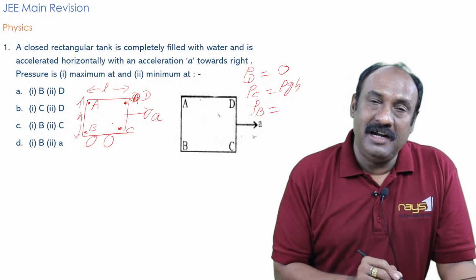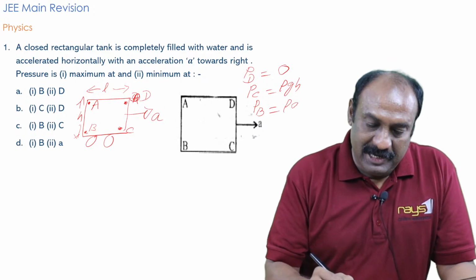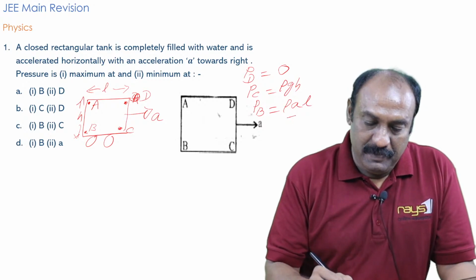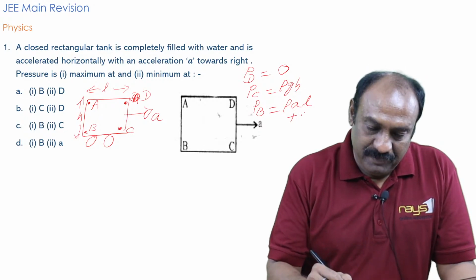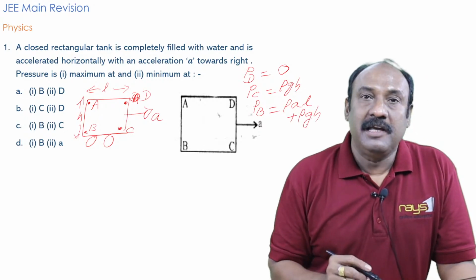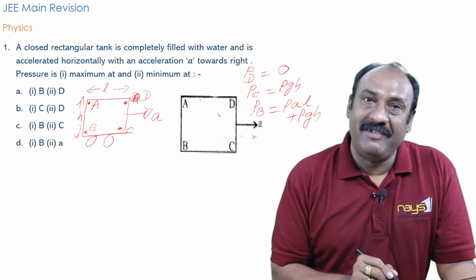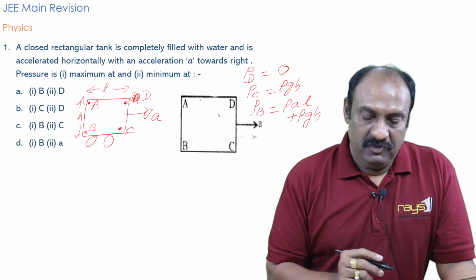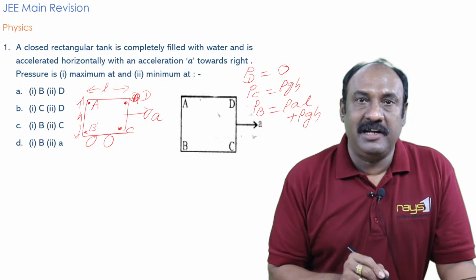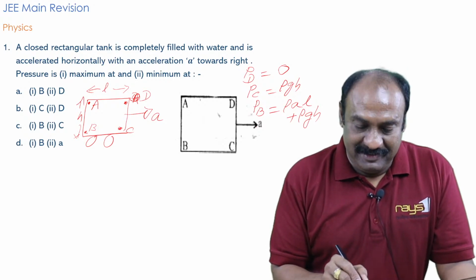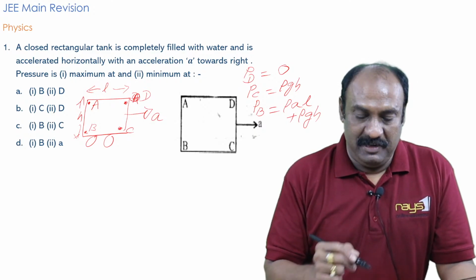Due to the horizontal layers, the pressure is rho times the horizontal acceleration a times L, plus the pressure due to the vertical column, rho g h. In the vertical direction acceleration is g, and in the horizontal direction the acceleration of the liquid layers is a. So the net pressure at point B, due to the horizontal movement of the container with constant acceleration a, is rho a L plus rho g h.